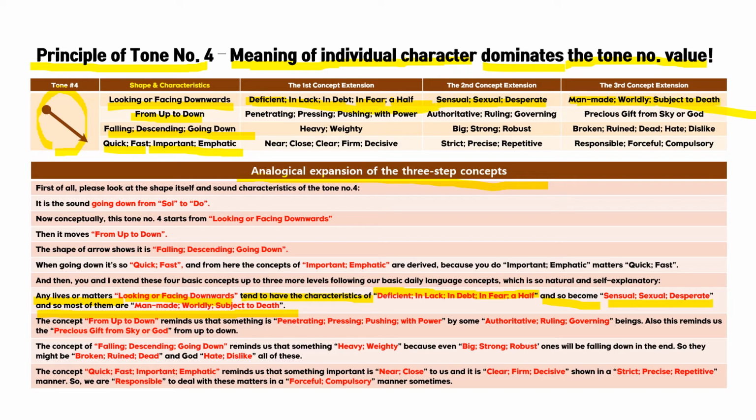Maybe you may not agree with this, but please try to understand this is not a fundamental rule or law, but I would suggest for the first time why a specific Chinese character has a specific tone number.